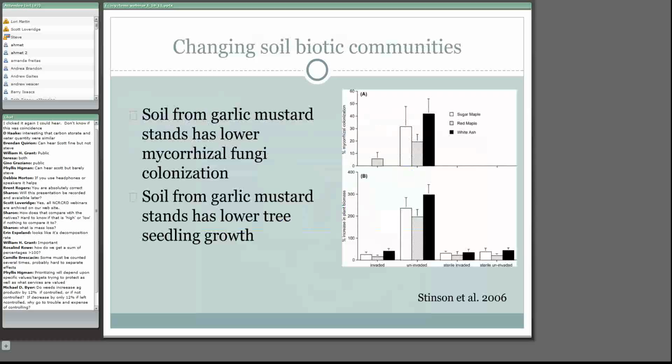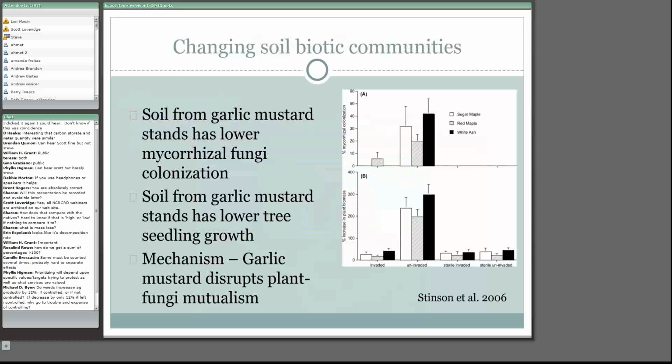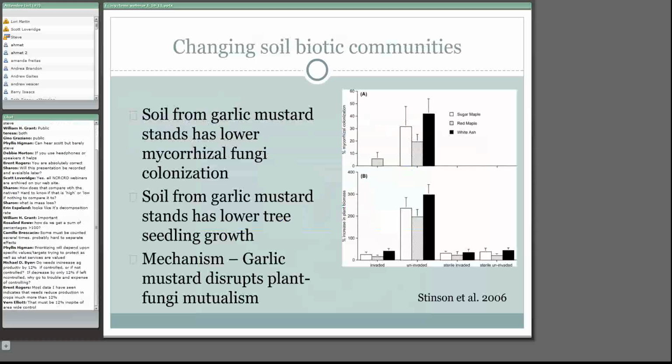So the mechanism is that garlic mustard disrupts plant-fungal mutualism, and I know this is really being focused on in a lot of studies, because soil is a major component of how invasive plants establish, not only the biological conditions of the soil, but also the ability of the soil to hold moisture and the penetration of invasive plant roots.